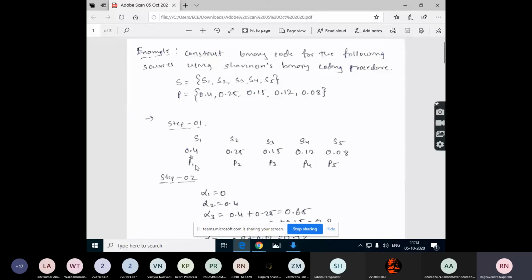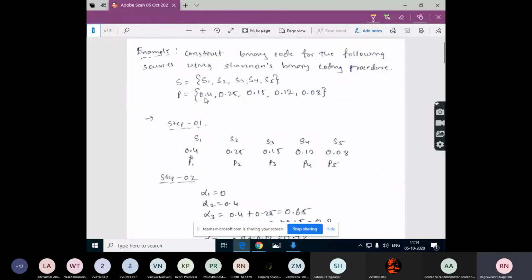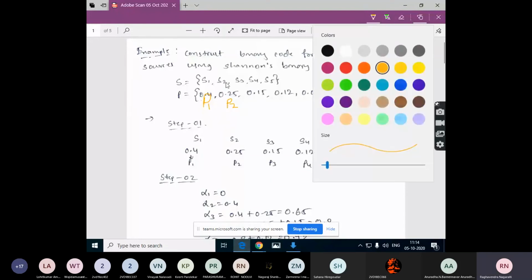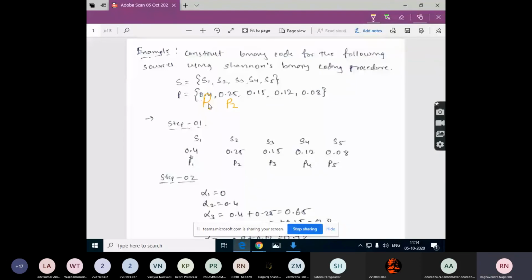After this first step, we are going to name the probabilities. Whatever probabilities are given in the question, we are not going to name them P1 here. After the first step, after the rearrangement, we will name the probabilities as P1, P2, P3, P4, P5.